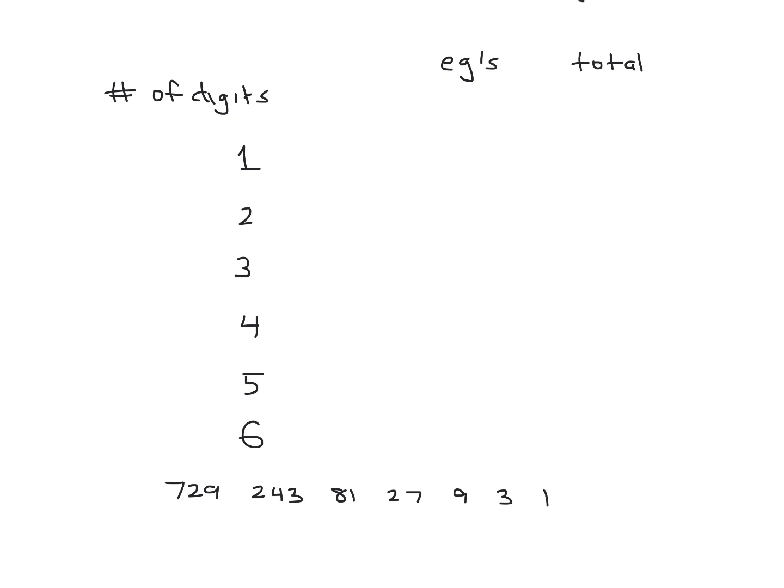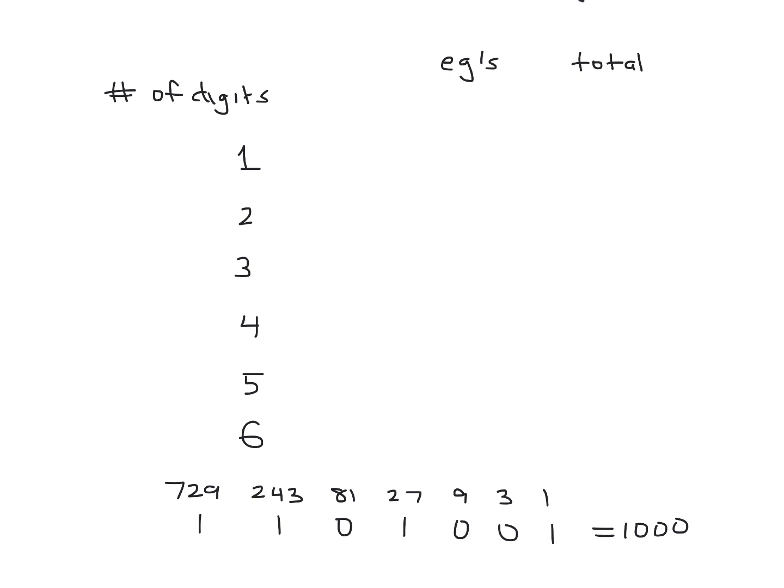So 1,000 in base 3 would be 1, which is 729, plus 243. This will be 0 plus 27. This will be 0, 0, 1. I believe that's 1,000 in base 3, because it's 729 plus 243 plus 27 plus 1.